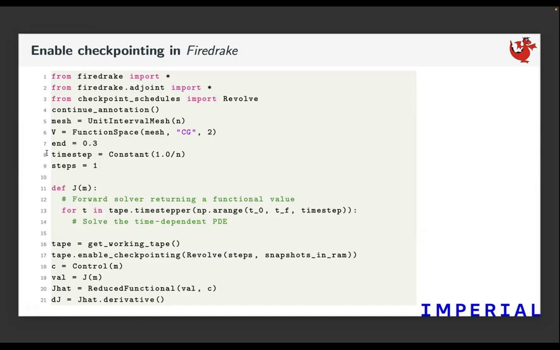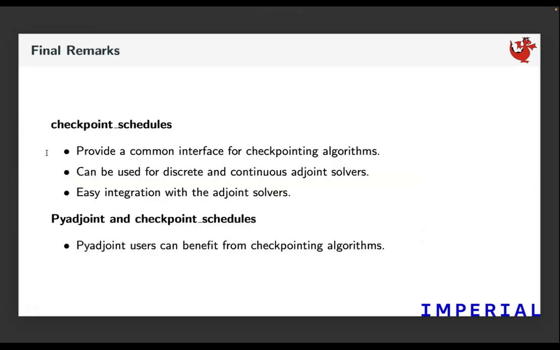Since I'm solving a time-stepping problem, we need this line of code: the tape time stepper, where the input is the number of time steps, the time step range. Then I have to enable checkpoints, and the input will be the schedule provided by checkpoint schedules. Then I can compute my forward solver, tape it, and compute the derivative using PyAdjoint.